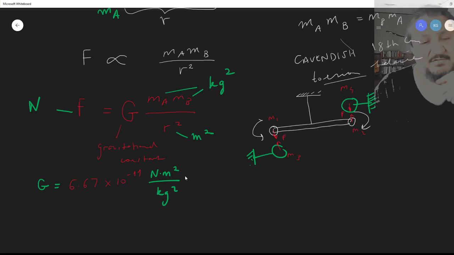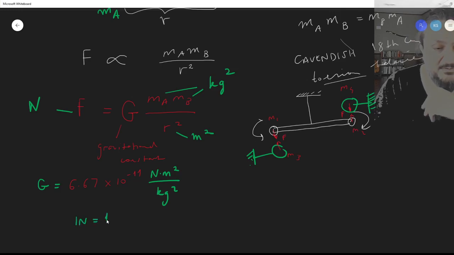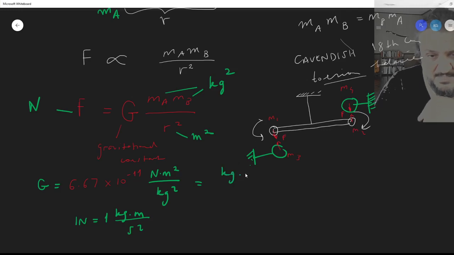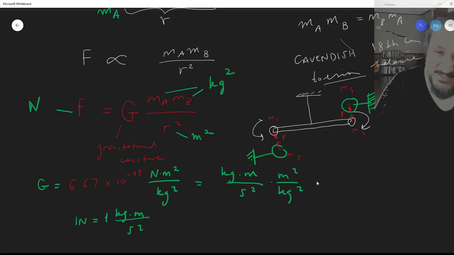Okay, so you can either see this one in the books, or remember 1 Newton is equal to 1 kilogram meter per second squared. You can plug this in here, so you can also write it as kilogram meters per second squared times meters squared divided by kilogram squared.